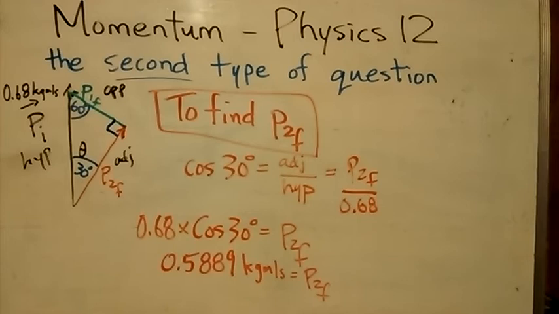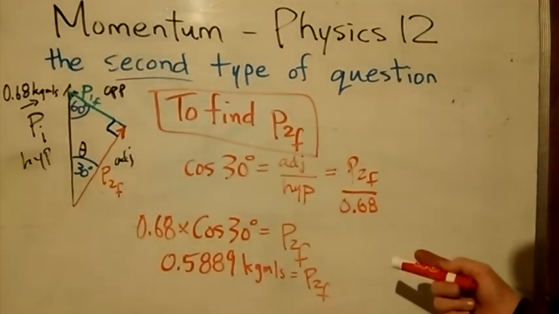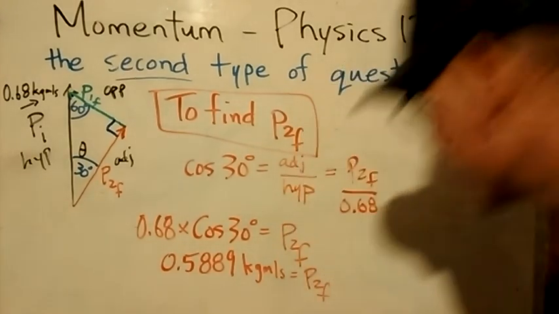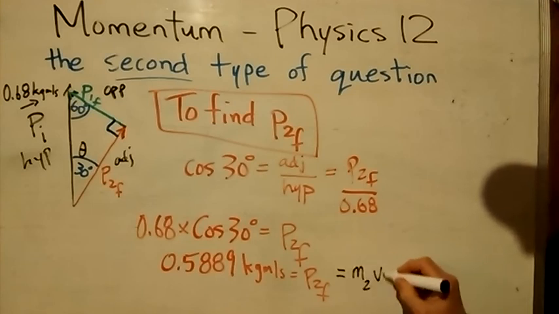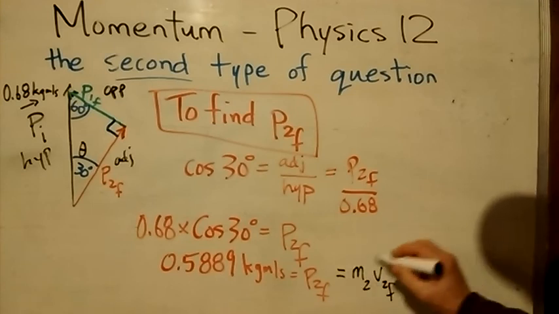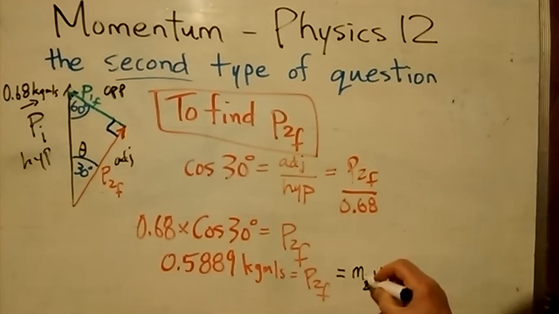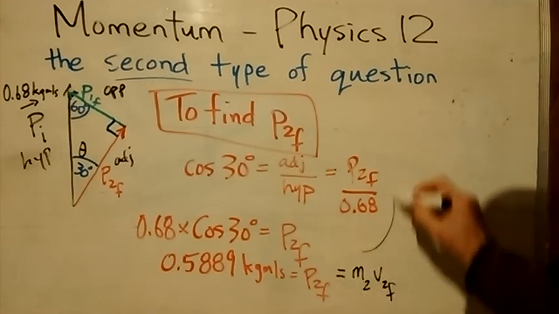And remember, P2 final is just M2 V2 final. And we're trying to find V2 final. So this whole thing right here is equal to M2 V2 final, that we're trying to find. We already know that M2 is 0.17 kilograms. So we'll solve this up here.